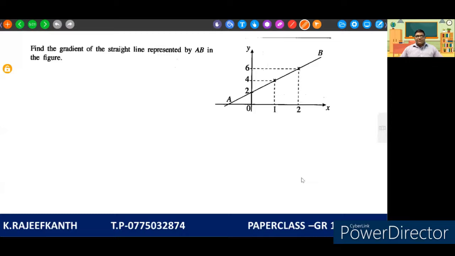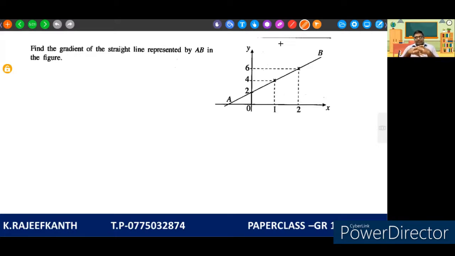You know how to find the gradient, because the gradient is the difference of y coordinates over the difference of x coordinates. So if you know the coordinates of 2 points, then you can find the gradient. You have to find the gradient of AB.